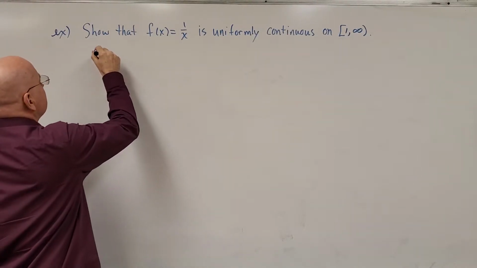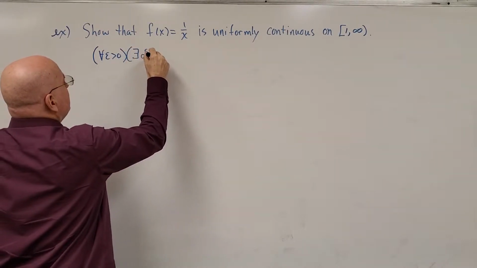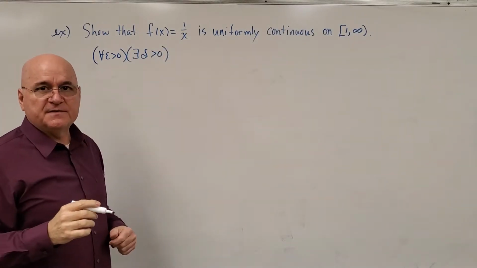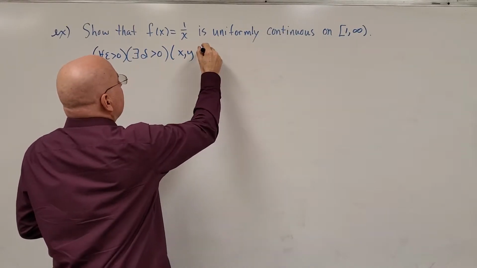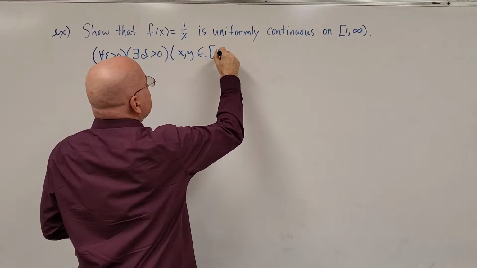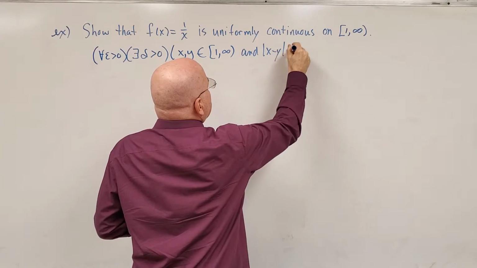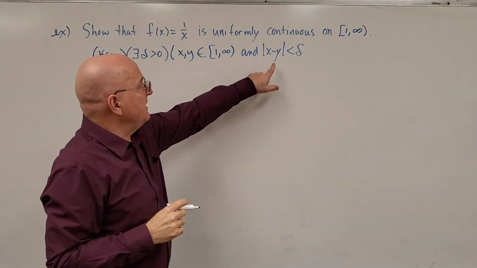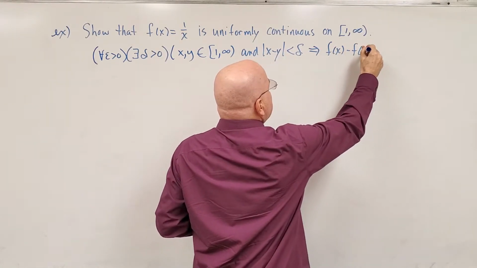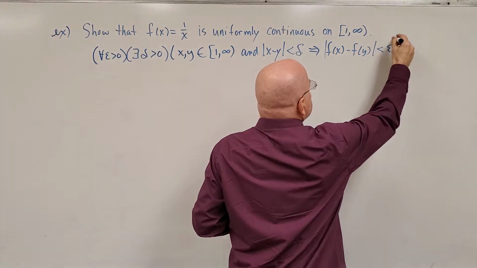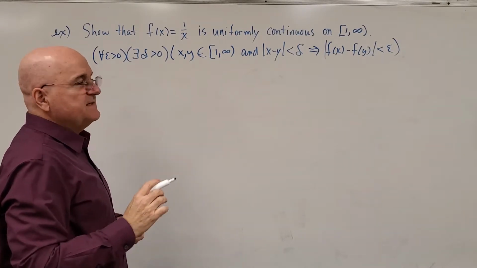It's uniformly continuous if, for every epsilon greater than 0, there exists a delta greater than 0 such that if x and y are two values in the domain, which is 1 to infinity, and x and y are within delta of each other, that implies that the absolute value of f of x minus f of y is less than epsilon. All right, that's the definition.